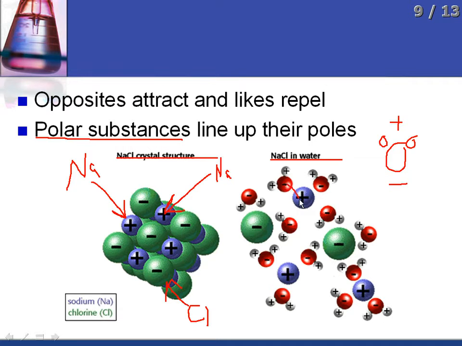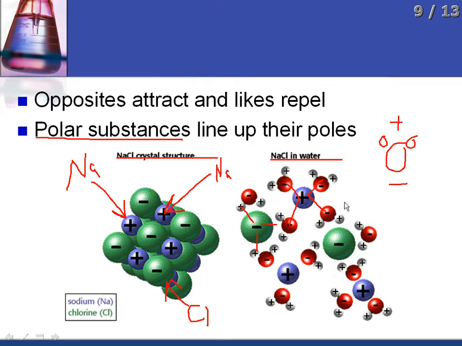So notice how the negatives and positives line up with each other. So the chlorides get surrounded by the positive sides of the water, and the positive sodium get surrounded by the negative sides of water. This is called polarity in solutions.